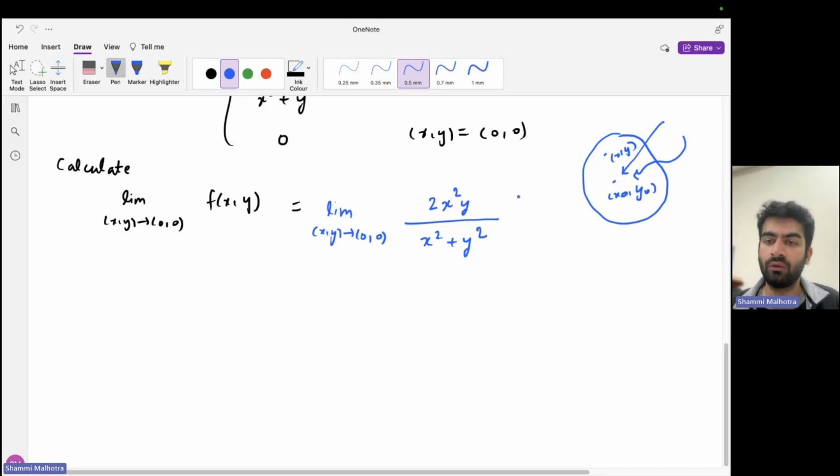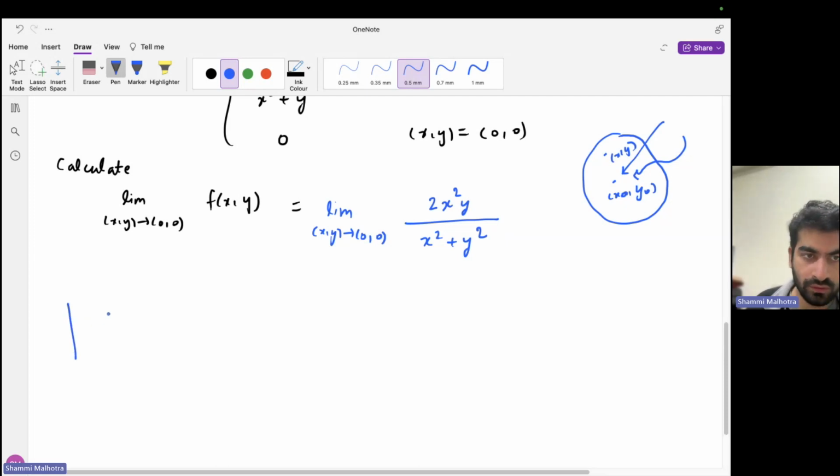It may not always exist, but there's a very high chance that it will. In evaluating the limit at (0, 0), the limit will turn out to be 0. Let us see how we can bound this function whenever x and y are small. What do we mean by small? That the distance is as close to 0 as we please.